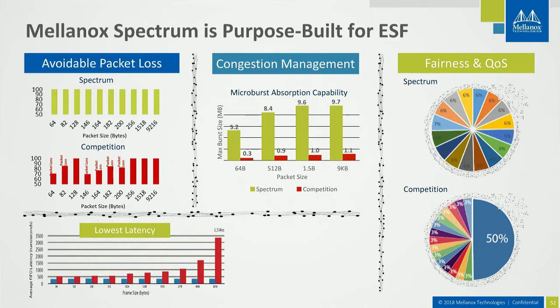This results in a fair distribution of performance across the switch ports and gives you a predictable QoS for your network. In comparison, the red bar shows what other switches do in these categories, and obviously they fare badly in these aspects.